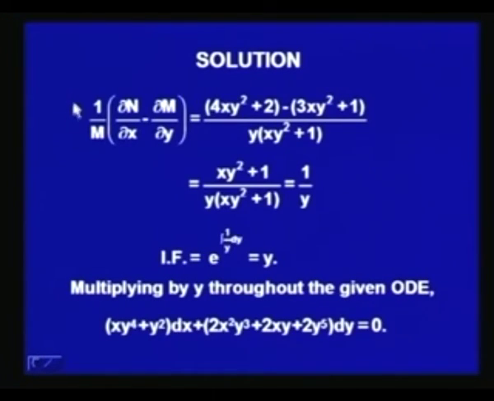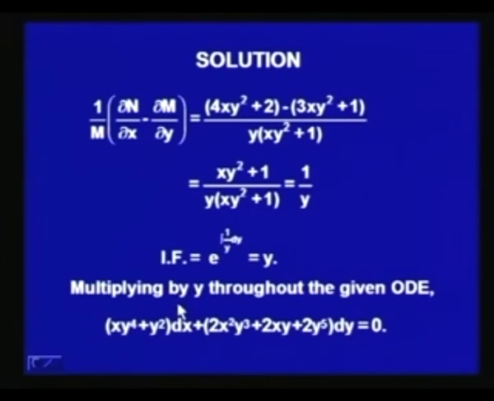And when we find 1 over m into (delta n by delta x minus delta m over delta y), we shall have (4xy square plus 2 minus 3xy square minus 1) over y times (xy square plus 1), which after simplification gives us 1 over y, and therefore the integrating factor is e to the power integral of 1 over y dy, which is equal to e to the power log y, and e to the power log y is y.